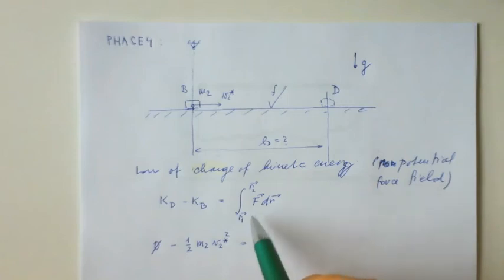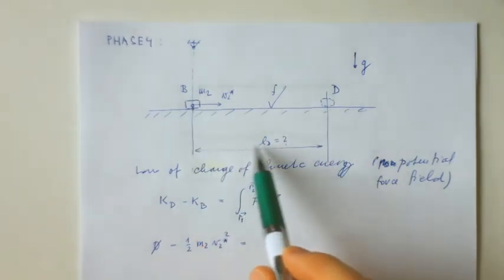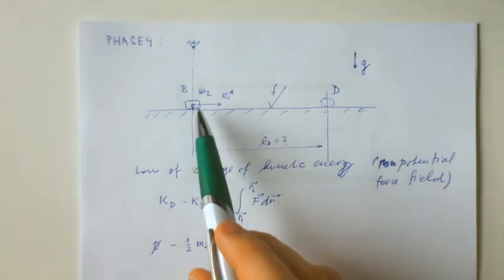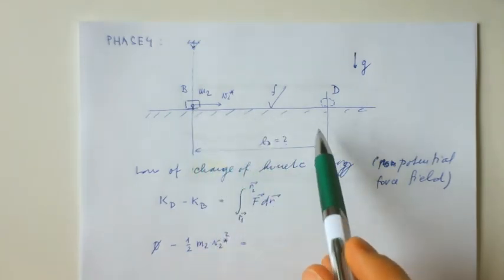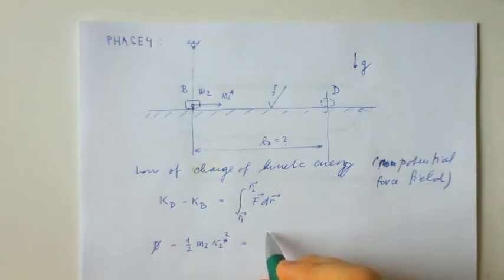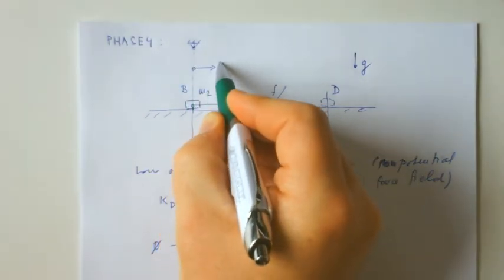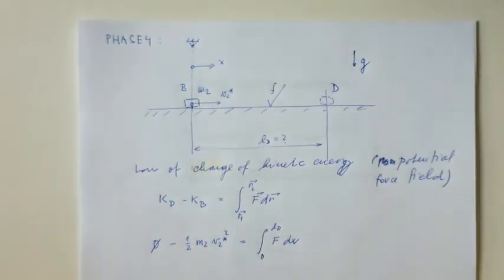We go from here to here, so the distance is LD and it is rectilinear motion, so we can calculate this integral in scalar form. So it is the integral from 0 to LD of F dx, where x is the axis.